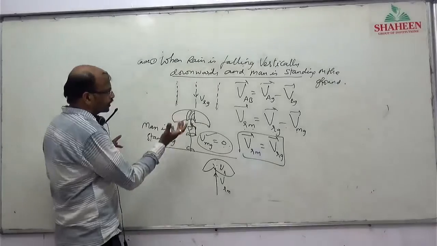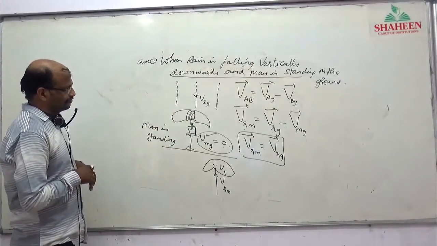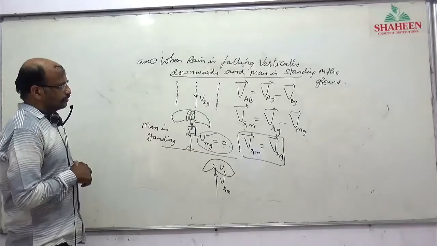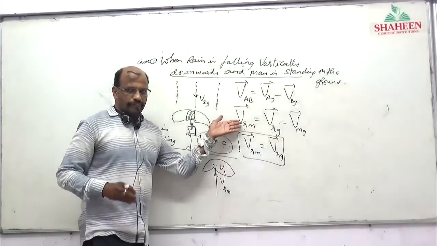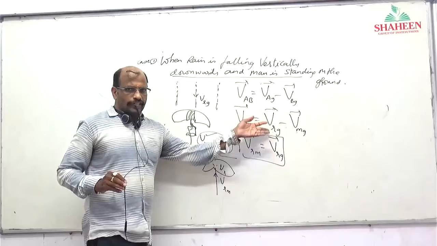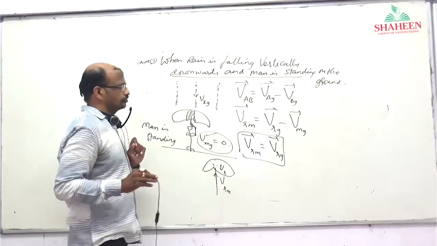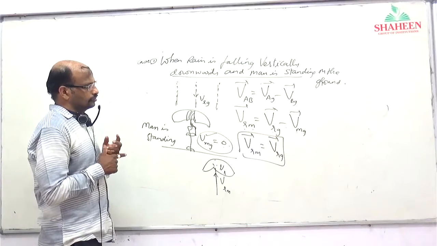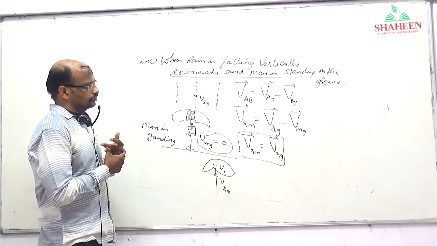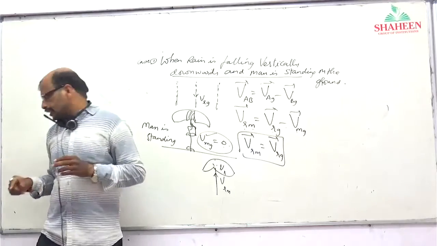I will draw the umbrella more beautifully later. So the main thing is velocity of rain with respect to man is velocity of rain minus velocity of man. Second case.